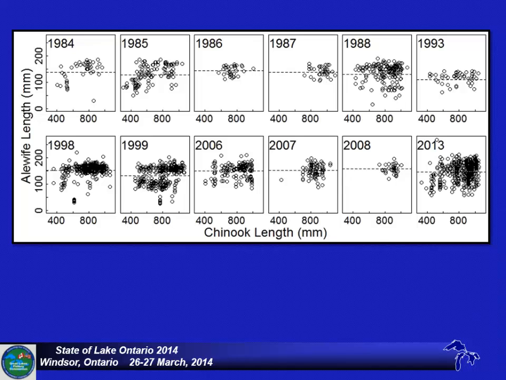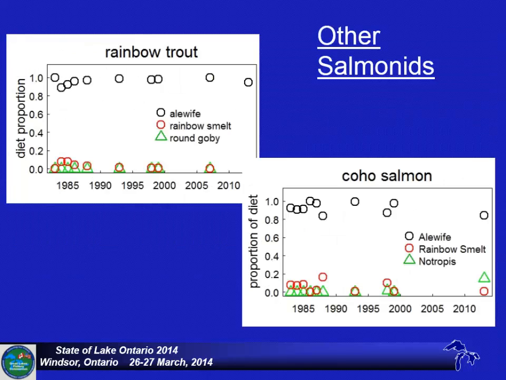It's about a 148 millimeter alewife that they consume, plus or minus 1 millimeter. And so that's been remarkably consistent, which fits with very few trends in our alewife size distribution. We really haven't seen anything changing out there. But these are just some of the things we can actually address, look at, and inform ourselves with data now that we're building these time series.